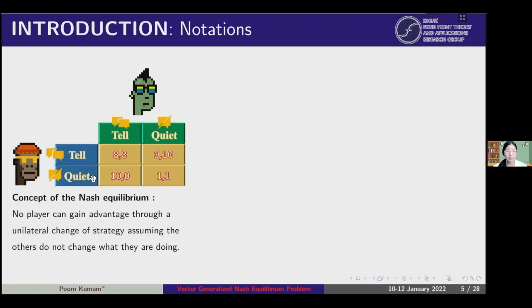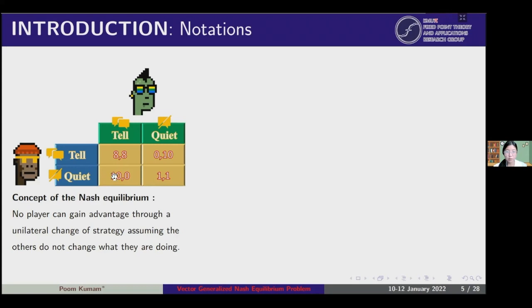In the case that player 1 tells the police and player 2 tells the police, they both will go to jail for 8 years. And if player 1 keeps quiet, but player 2 tells the police, player 1 will go to jail for 10 years, but player 2 will be free.